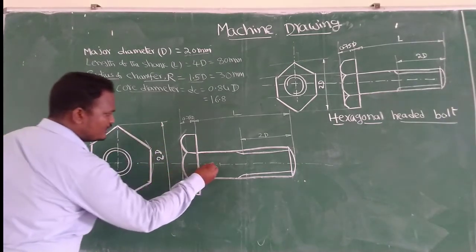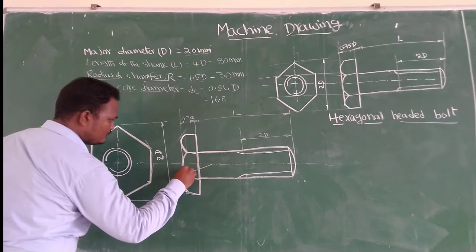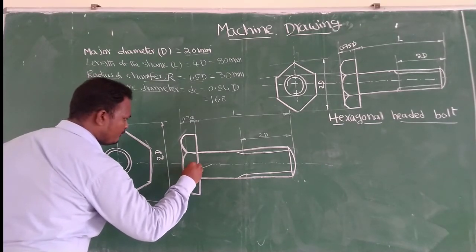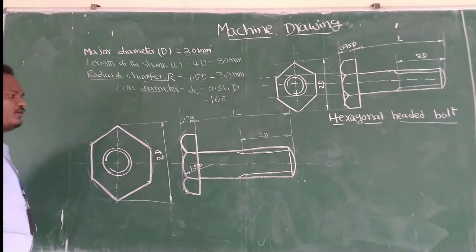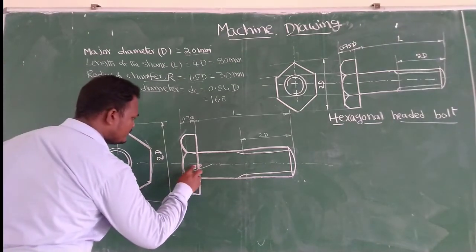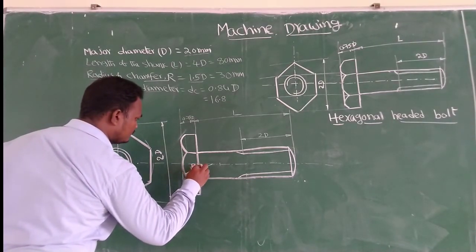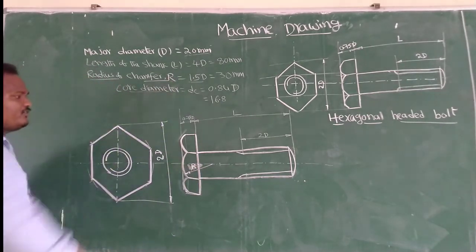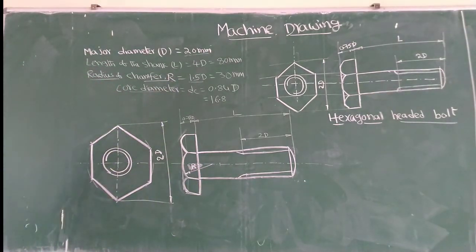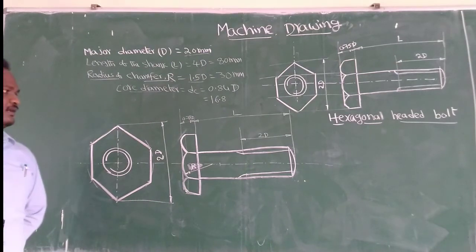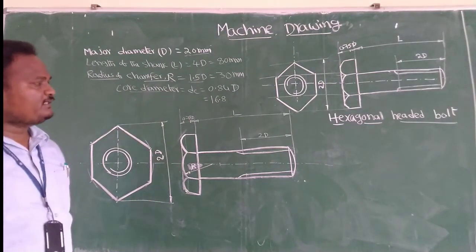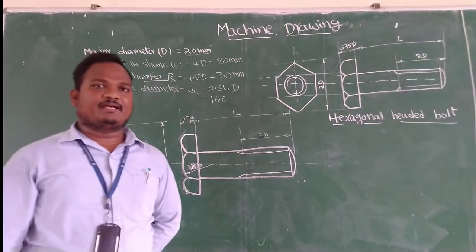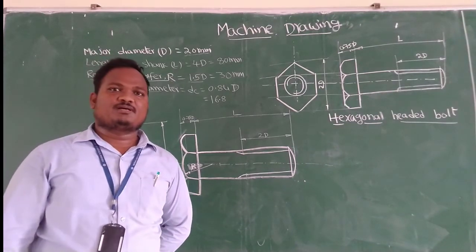This arc is how much? 1.5 D. Here no need to mention, just R is enough. What R means, we have already given in the formula. So this is the procedure how to draw the hexagonal headed bolt.